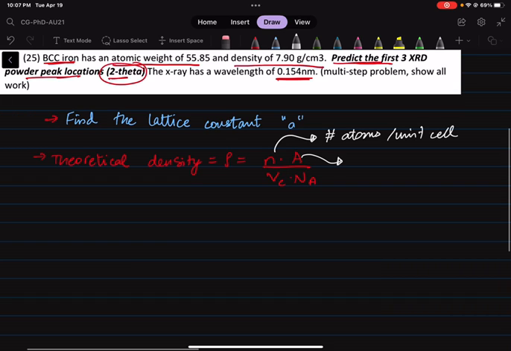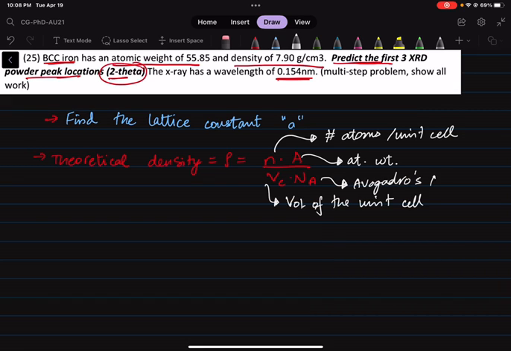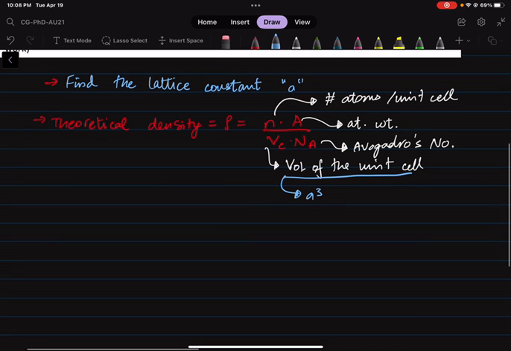You have the atomic weight. You have the volume of the unit cell. And then you have Avogadro's number. So here the volume of the unit cell is basically a cubed because it's a cube, and this is how we can find the value of a.